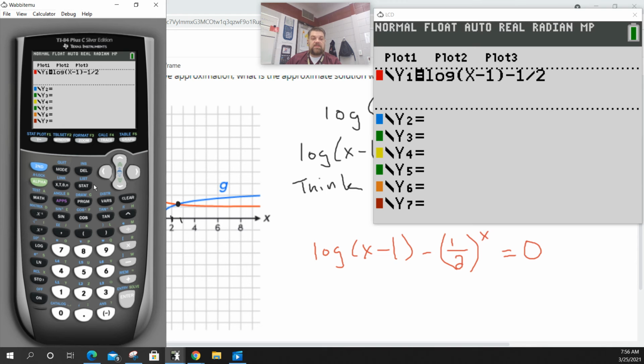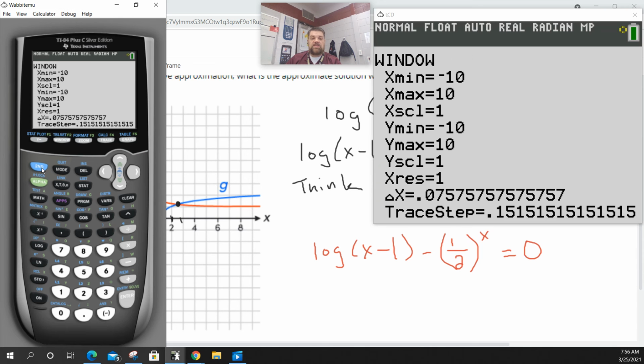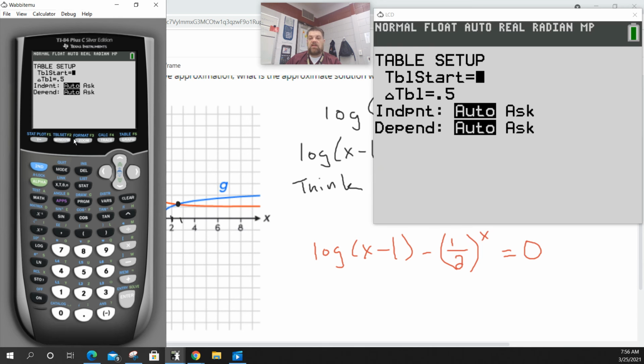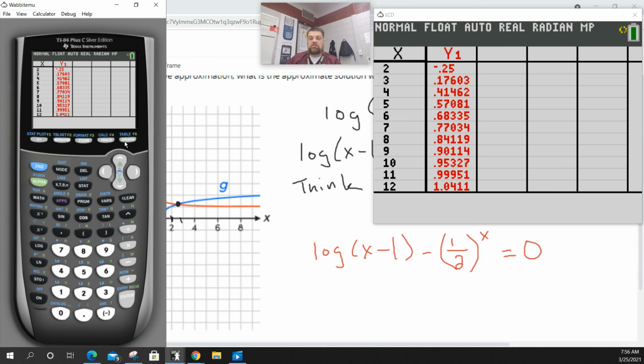Oops, I've got to put that in parentheses. 1 divided by 2, close parentheses, raised to the x. Now I can go to my table set, start at 2, and count by 1. So now when I hit second table, I can see what this is evaluated at, 2 and 3.